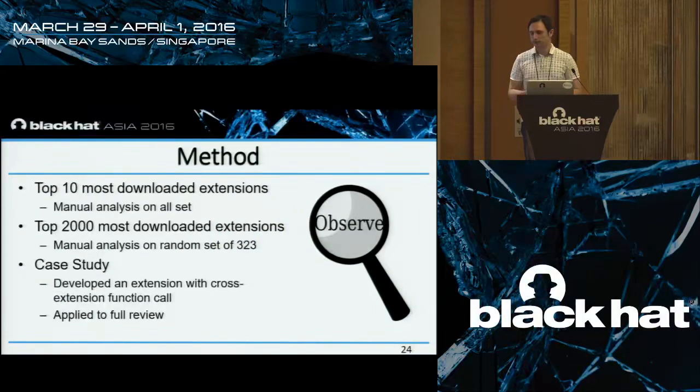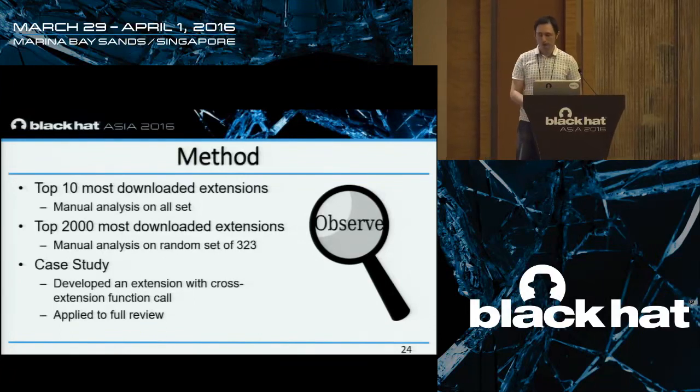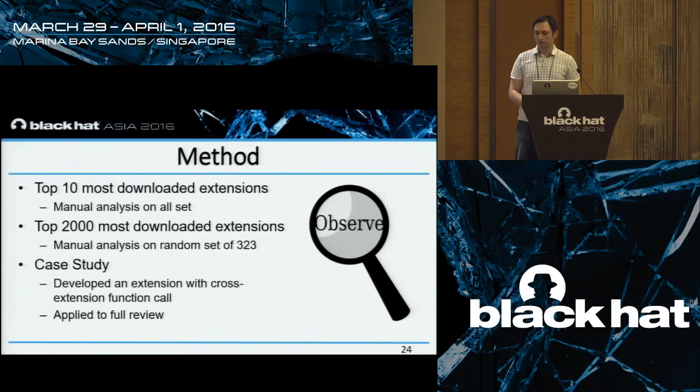And in the second experiment, we look at the top 2,000 most downloaded extensions, and since it is impossible to manually verify all of them, we selected a random set, 323 extensions, which is 95% confidence level and 5% confidence interval. And we did manual analysis on those.